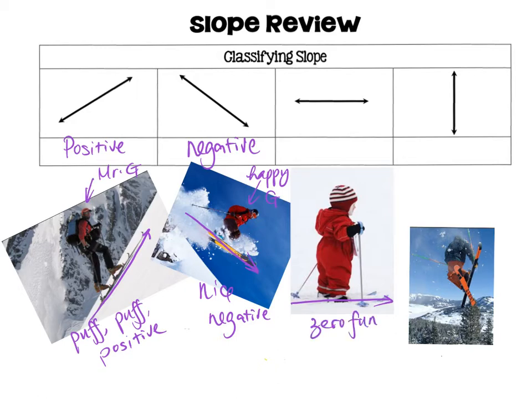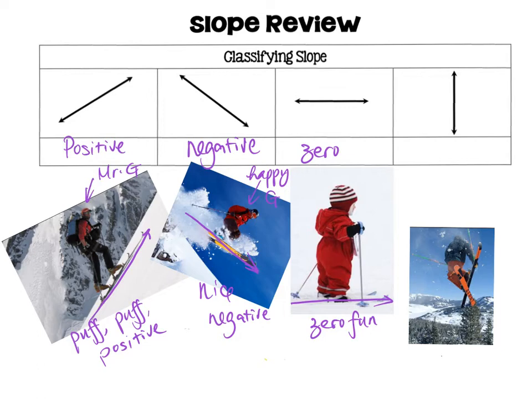So Mr. G now is whining like a baby. Because when he is on the flat surface, he thinks it's zero fun. So that's a slope. We call that the slope of that line is 0. And then finally, he jumps over the cliff. He goes crazy.